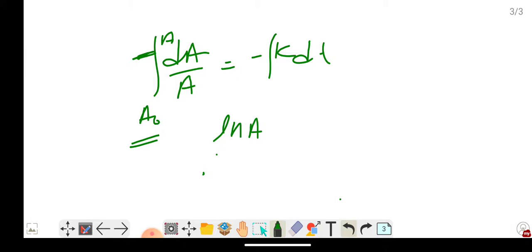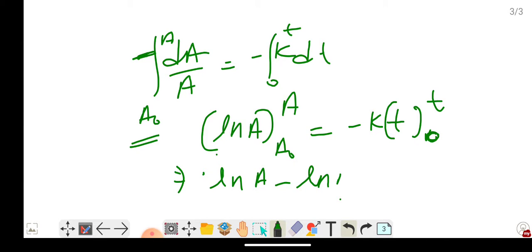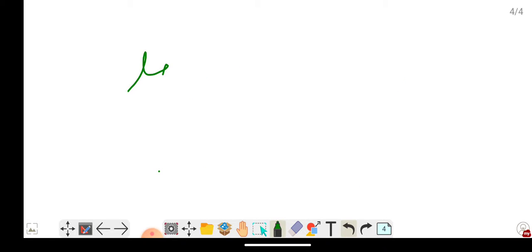So ln A from limit A naught to A is equal to minus K t, with limit 0 to t. This implies ln A minus ln A naught is equal to minus of K t minus 0. So ln A minus ln A naught is equal to minus of Kt.